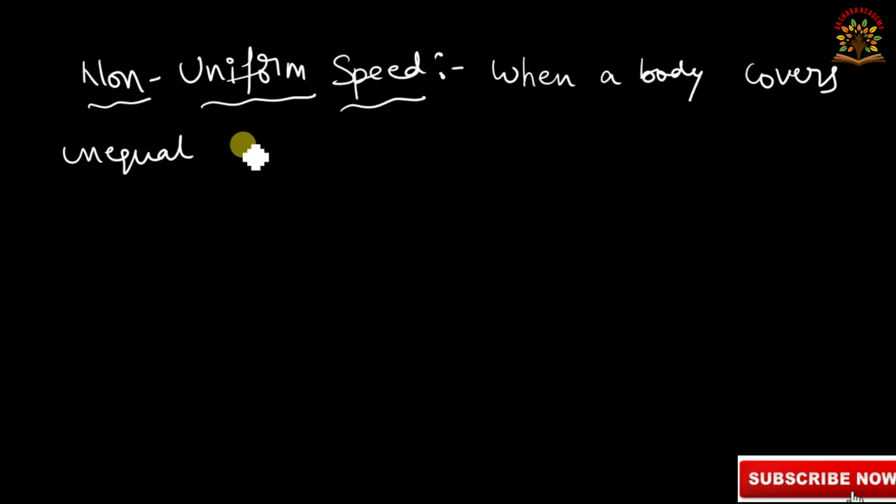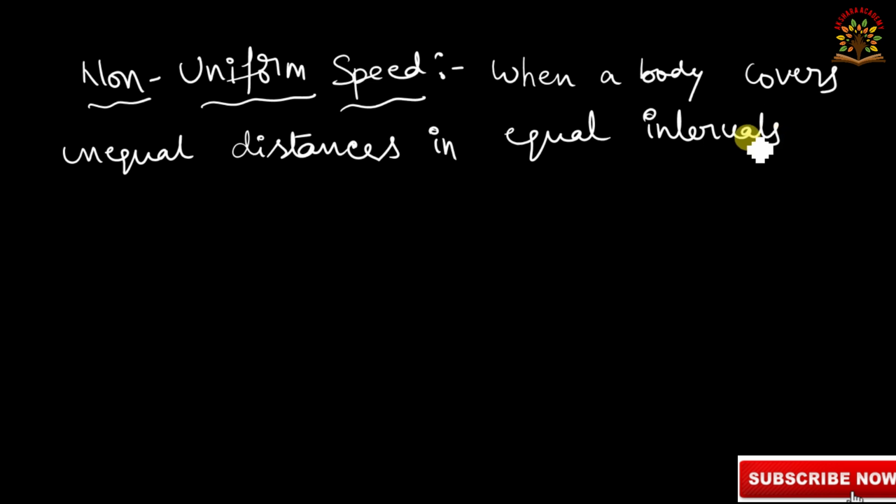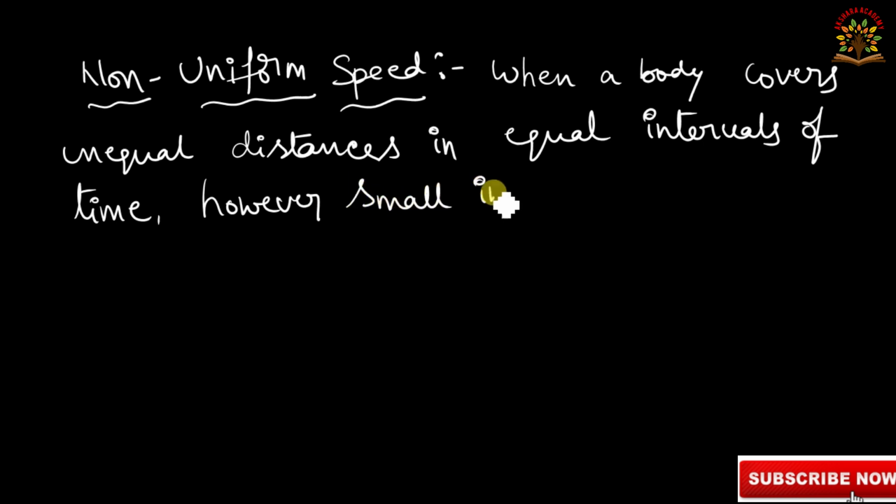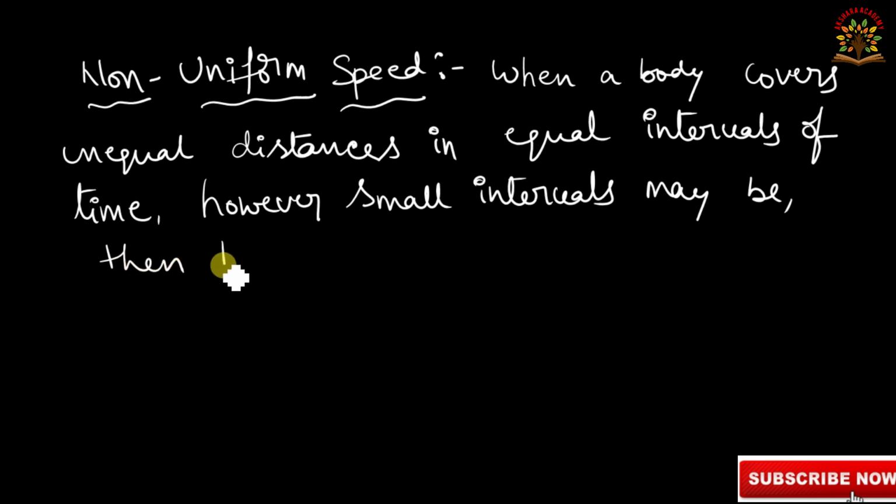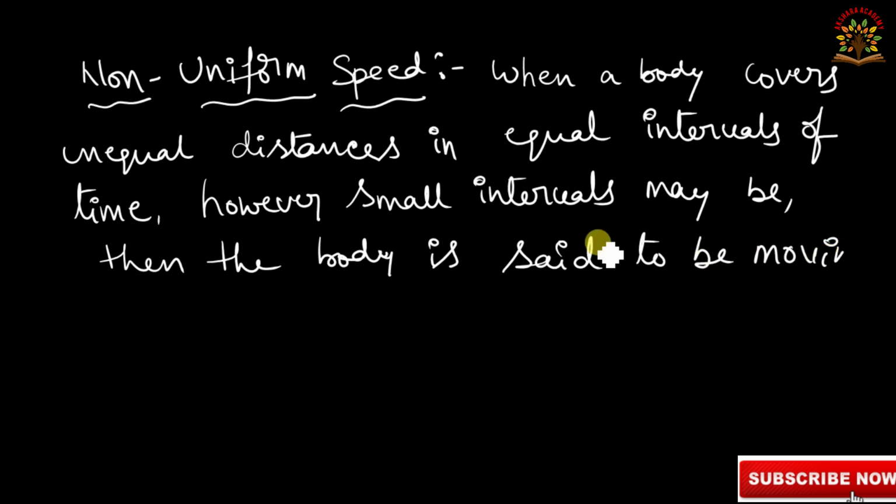Here in non-uniform speed, unequal distances in equal intervals of time, however small the intervals may be, then the body is said to be moving with non-uniform speed.